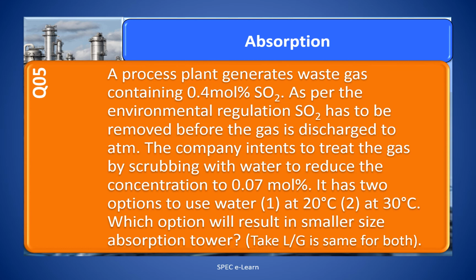It has two options to use water. One at 20 degrees centigrade, two at 30 degrees centigrade. Which option will result in smaller size absorption tower? Take L by G the same for both cases.